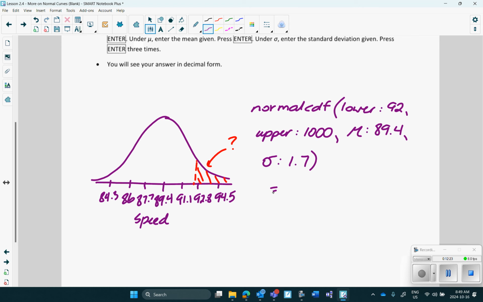Well, yeah. No, because it should be listing like that.